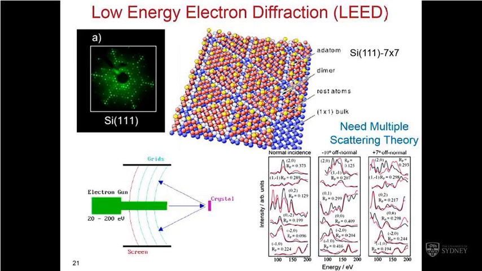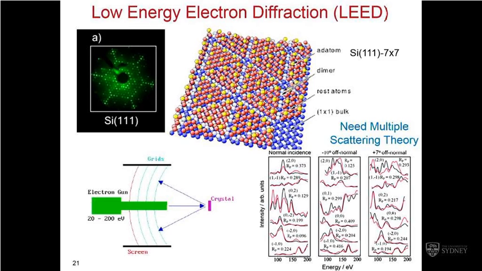In this case, notice the energies are much smaller, 20 to 200 eV. You shoot in at your crystal, and rather than going through, like with X-rays, these beams reflect back off, and you collect them here. So this is what you are seeing bounced back at you.